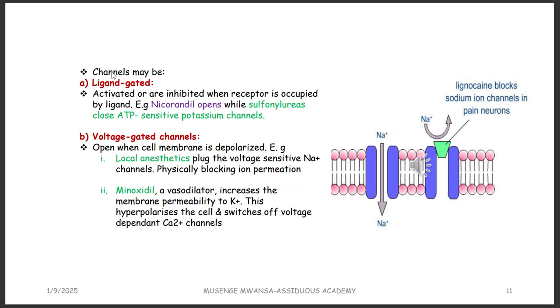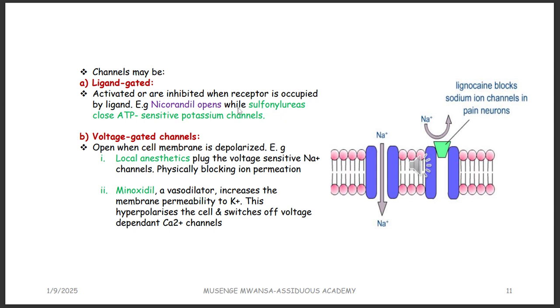Okay. So the channels can either be ligand gated or voltage gated. Ligand gated is activated or inhibited when a receptor is occupied by a ligand. A ligand can mean a hormone. Okay, for example, you have got nicorandil, which opens when the drug binds there. Sulfonylureas, when the drug binds there, close.